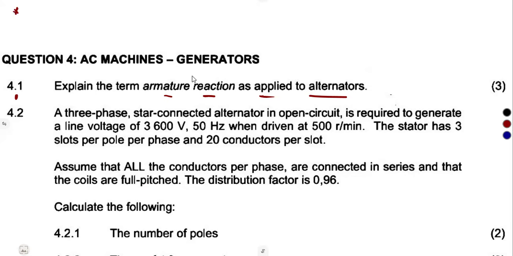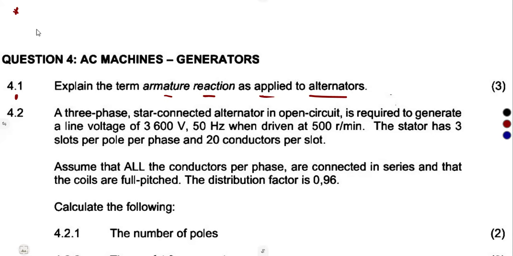So your definitions, you answer the way that you understand, but that is the influence of the stator ampere turns on the value and distribution of the magnetic flux in the air gaps between the poles and stator core.